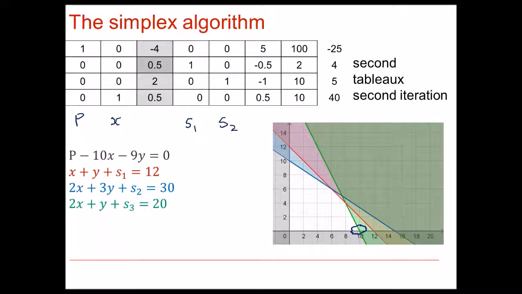Note that here, as we said before, the y and the S3 both equal 0, so they're non-basic variables at this stage. P equals 100. We can see that x equals 10, both from the graph and from the tableau. S1 will equal 2, and S2 will equal 10.